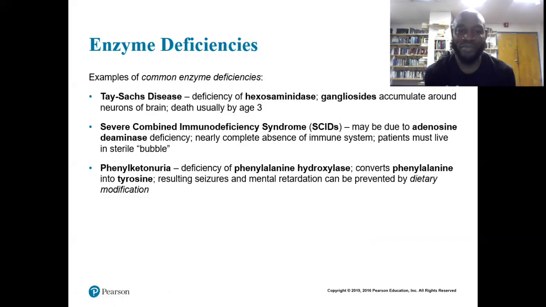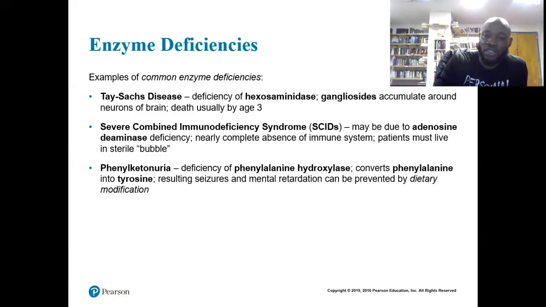SCID, severe combined immunodeficiency syndrome, may be due to adenosine deaminase deficiency, which results in the reduction or absence of the immune system due to the lack of this enzyme. All right, so enzymes can play a huge role in our body's function.